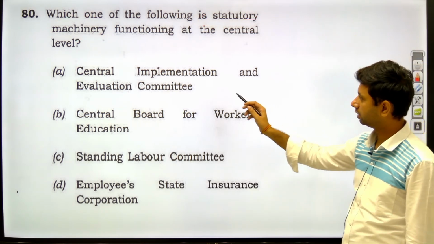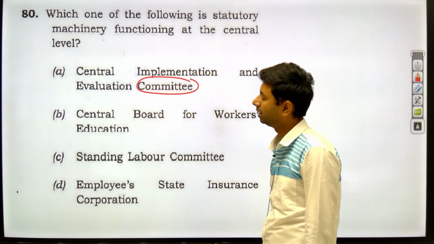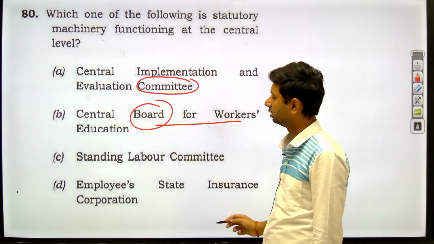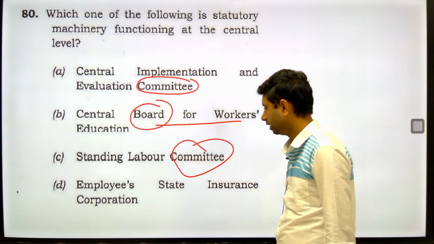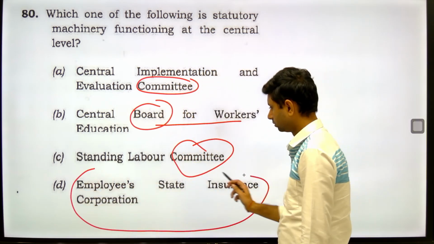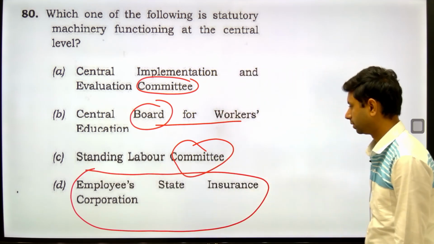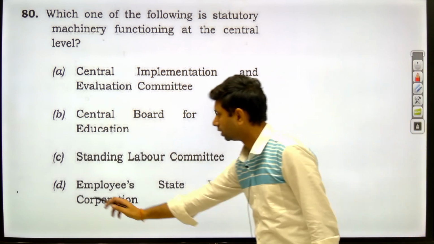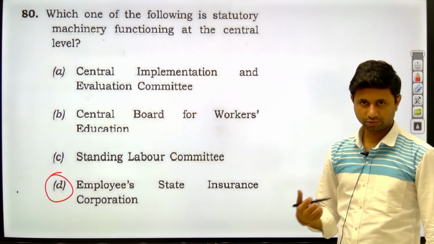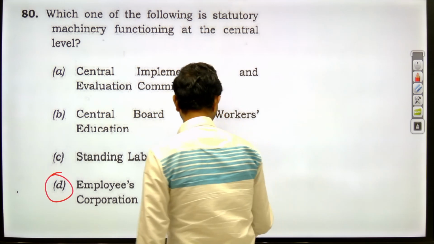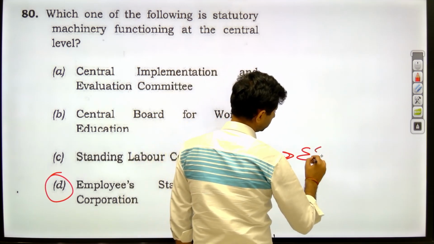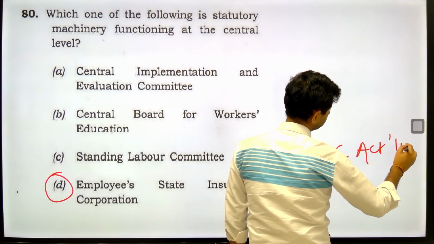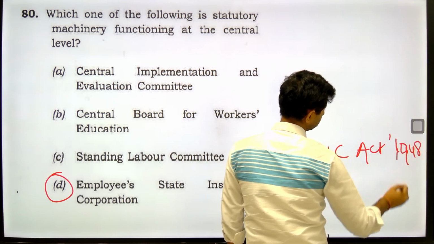The options are Central Implementation and Evaluation Committee, Central Board for Workers' Education, Standing Labour Committee, and Employee State Insurance Corporation. I hope you know the answer, which is D, Employee State Insurance Corporation, established through the ESIC Act 1948.